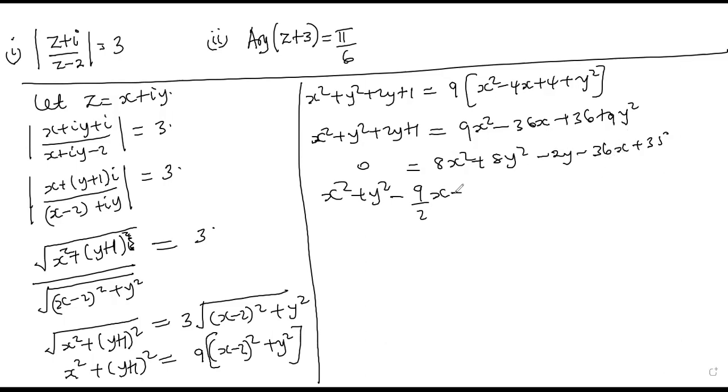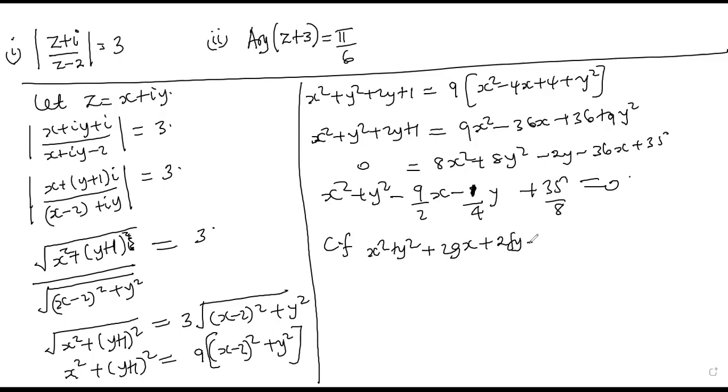Then minus 2 over 8, that is minus 1/4 y, then plus 35 over 8 equals 0. So that is my equation. It takes the form x squared plus y squared plus 2gx plus 2fy plus c equals 0.